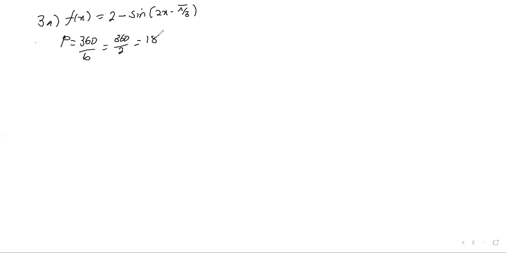So we get 180 as our period. The amplitude is the absolute value of -1, which is positive 1. The phase shift, we equate 2x minus pi over 3 to 0, so that x is equal to pi over 6, which is equal to 30. That's the phase shift.